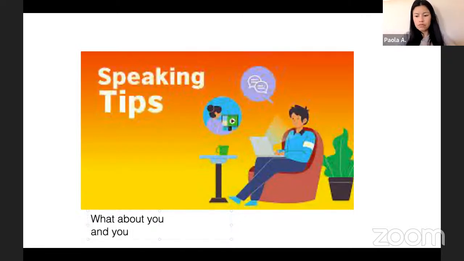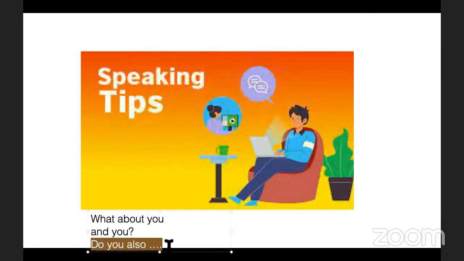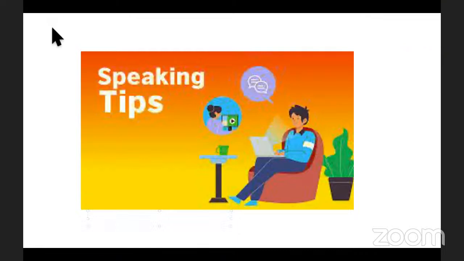Or, and you? Or do you also practice these sports, blah, blah, blah. No. So it's important to try to relate in this interaction, no? But it's very, very important to pay attention to what the other person is saying. All right.